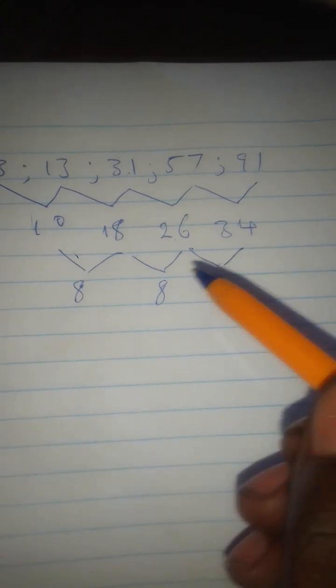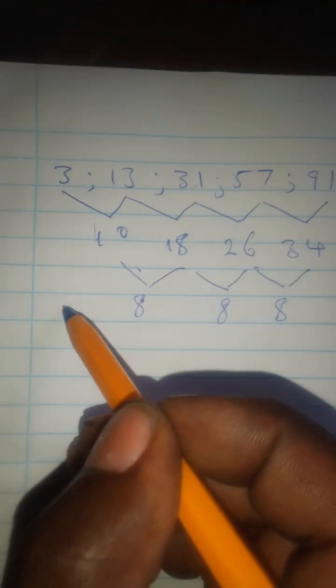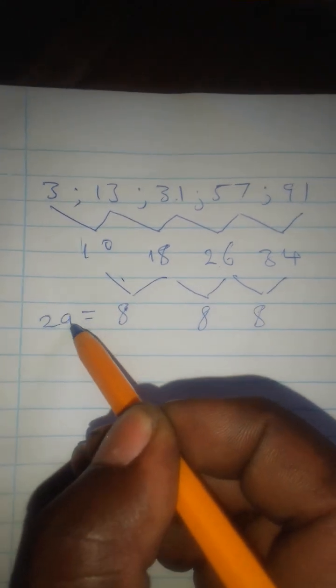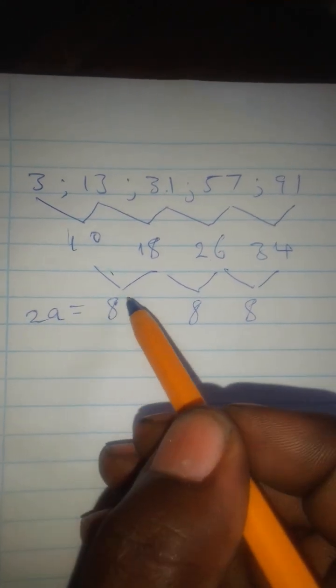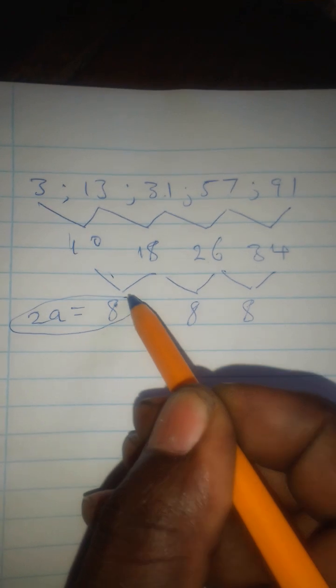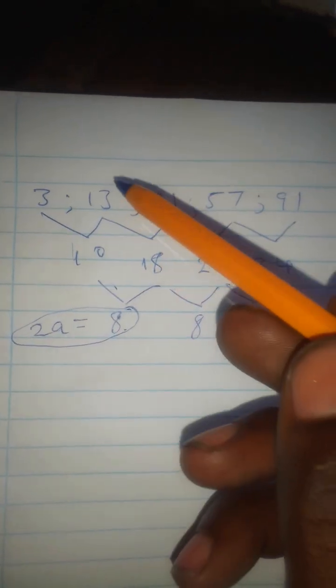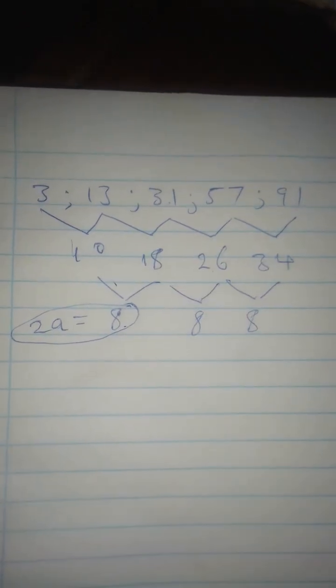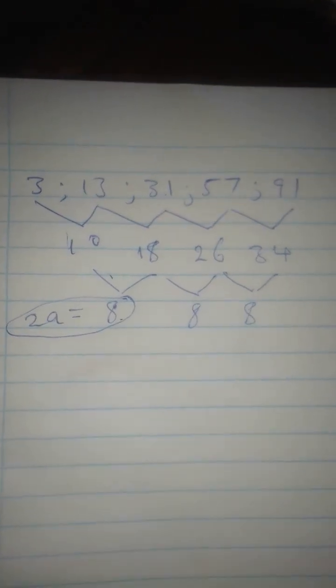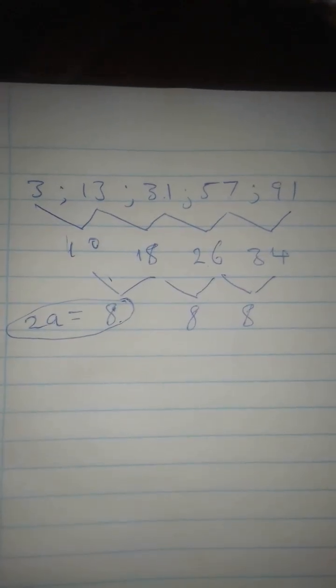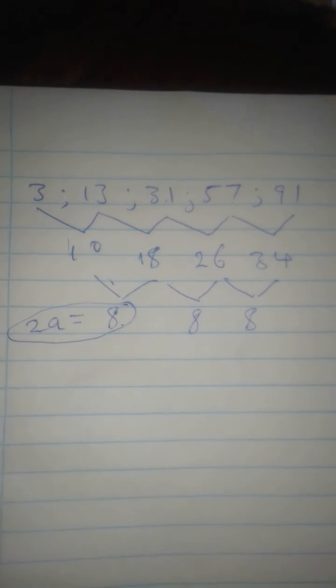Then here we are going to use 2a equals to the first term. Always we are going to take a first term, we don't take the second term. Once you take the second term, you're going to get the wrong answer. So I always say in Facebook that you take a first term.